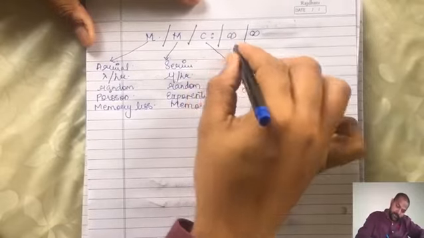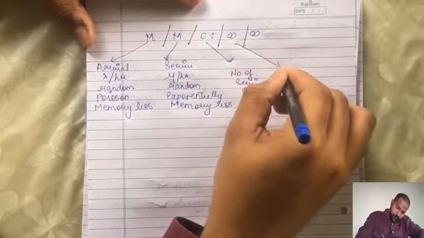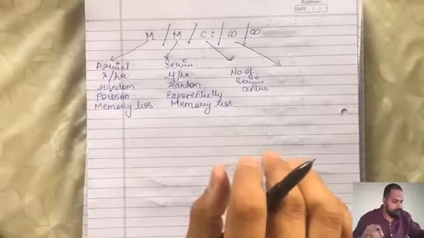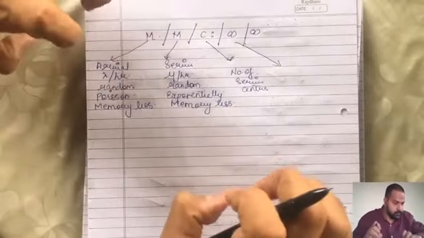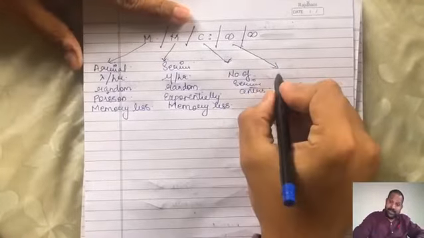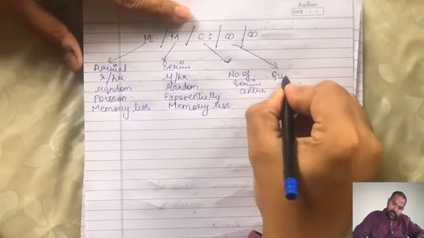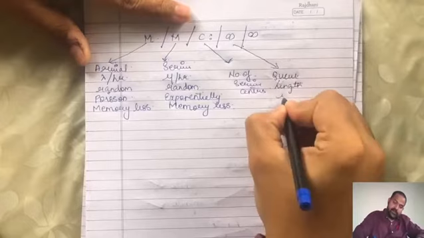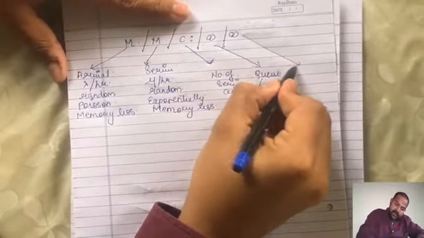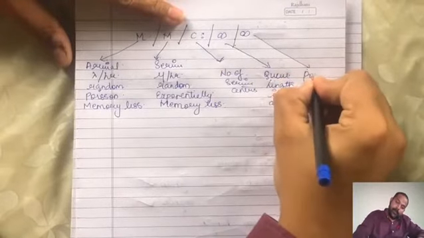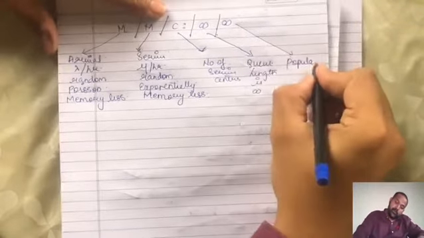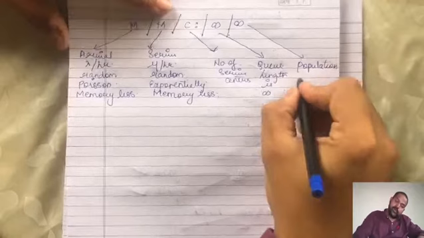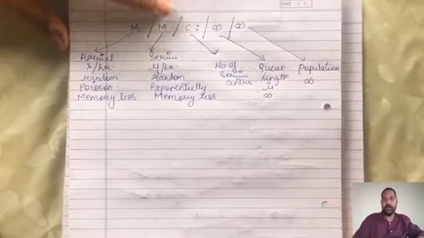This infinity represents that the queue length is infinite, and this infinity represents that the population from where this queue comes is infinite.